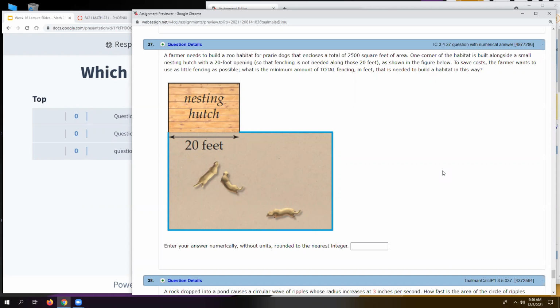Put 2,500 over X. And then I can put that into this Y. So I don't know if that answers your question, but right there. So I can use this to find Y in terms of X, and then I can plug that in there. And now I have an equation that's completely in terms of X. And that's a problem I know how to solve.